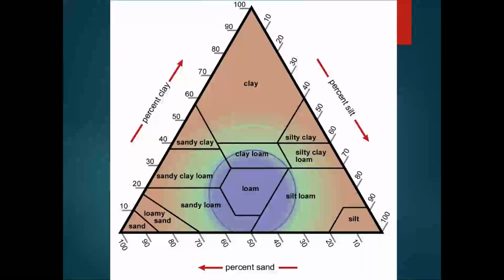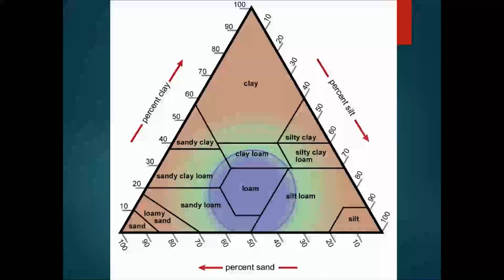But you'll notice we get past a certain level of clay in the soil and everything acts like a clay, right? It overwhelms the properties after a certain point. So at about 35% or so clay, we start to have some reduction in the desirable properties of that material.